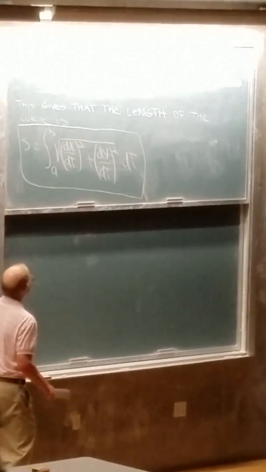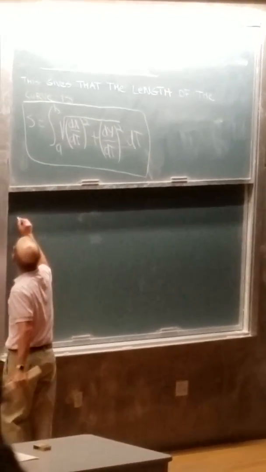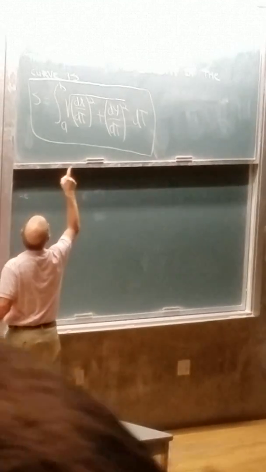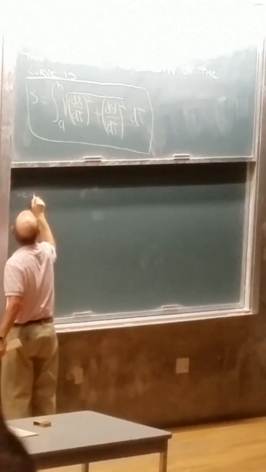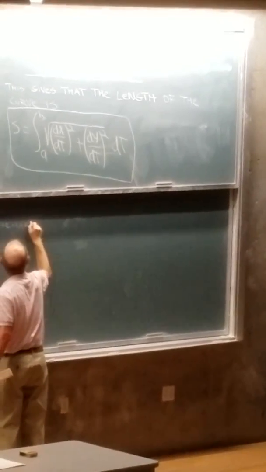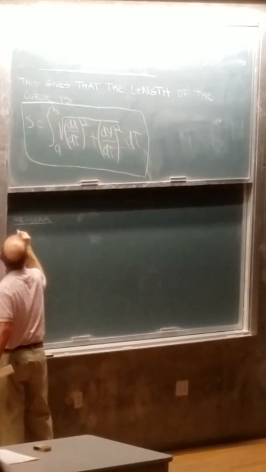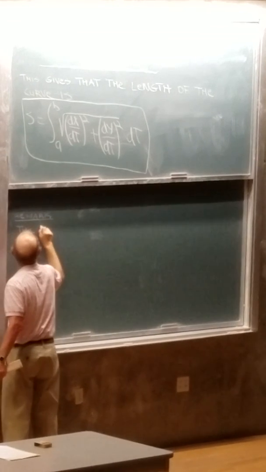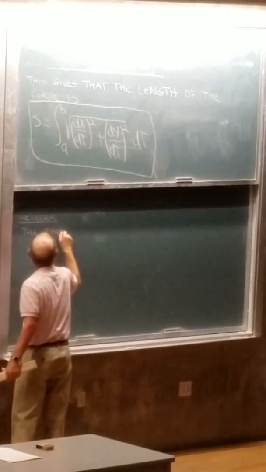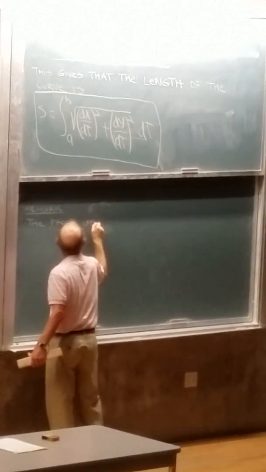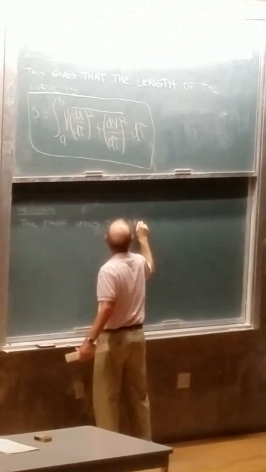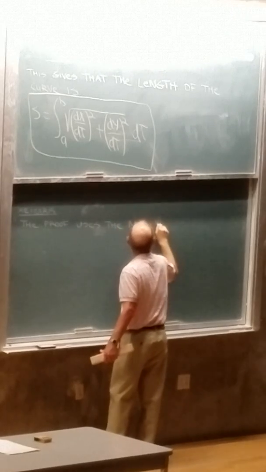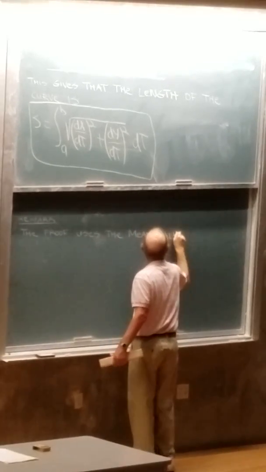Let me just make a remark. In going from delta x over delta t to dx over dt, we have to use the mean value theorem. So if we actually wanted to give a rigorous proof, the proof uses the mean value theorem. The mean value theorem is a key idea behind this formula.